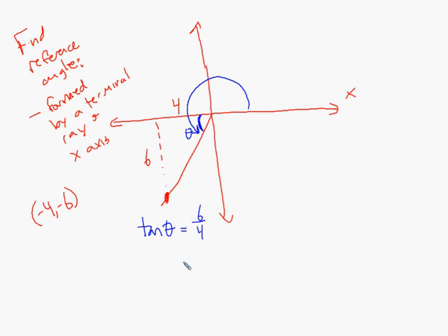Now how do I get my angle? If ever in trigonometry I want my angle, what do I use? An inverse. Josh: 6/4. So I inverse tan 6/4, and what do I get? 56.3.